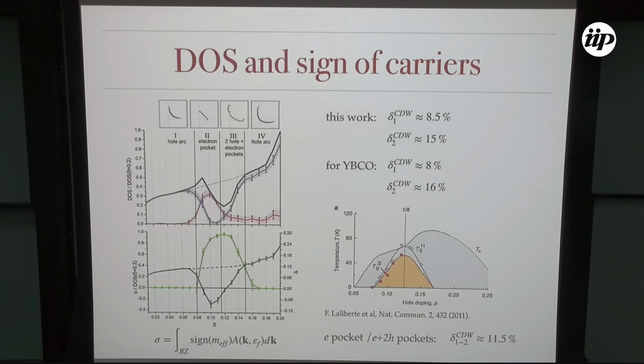To conclude, we can compare our result with the experimental observation, which predicts the CDW starting at 8%, and the second critical doping at about 16%.